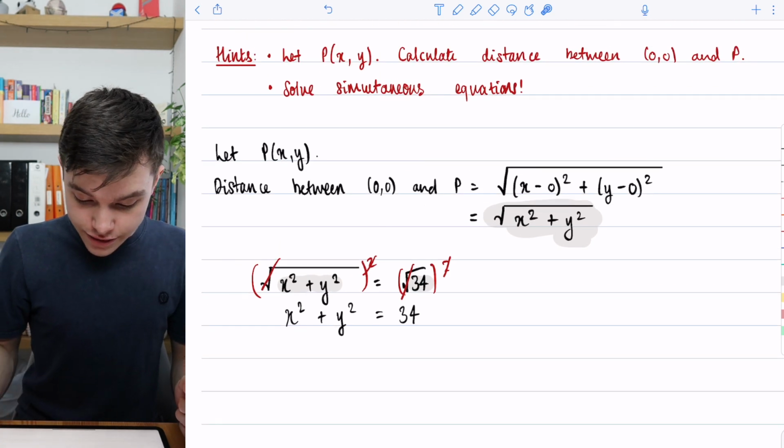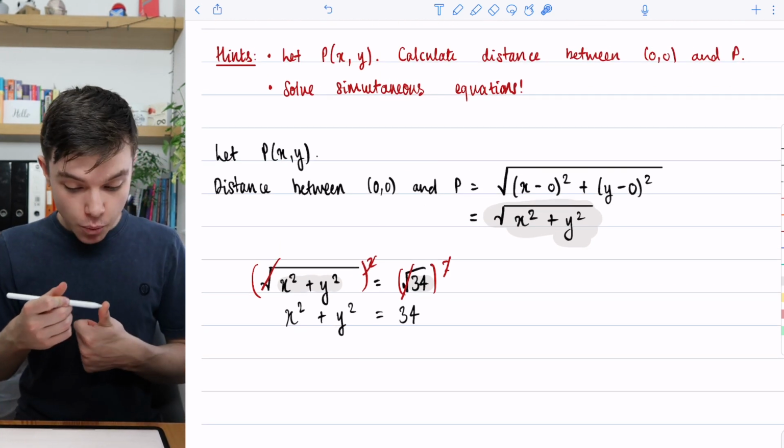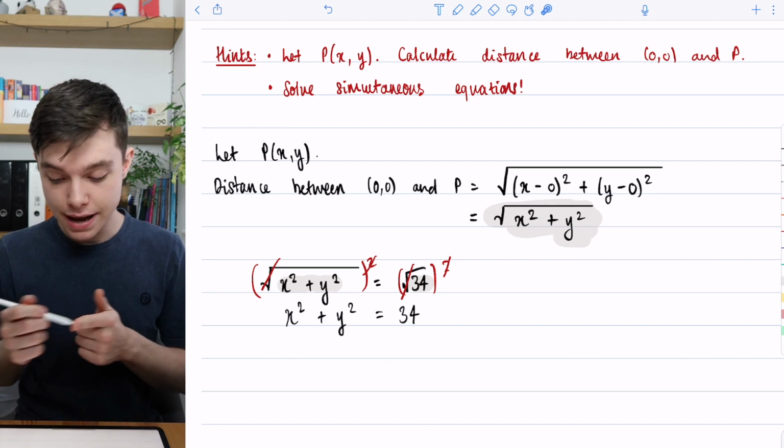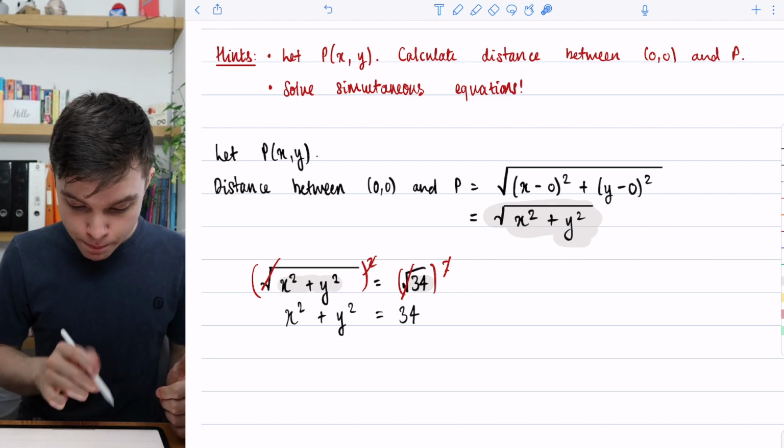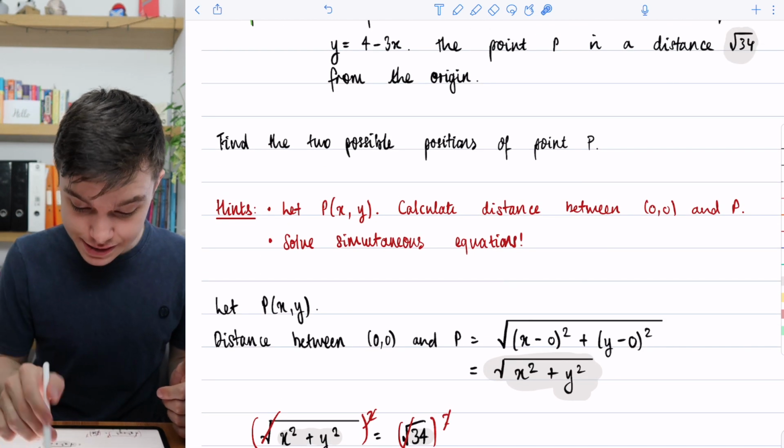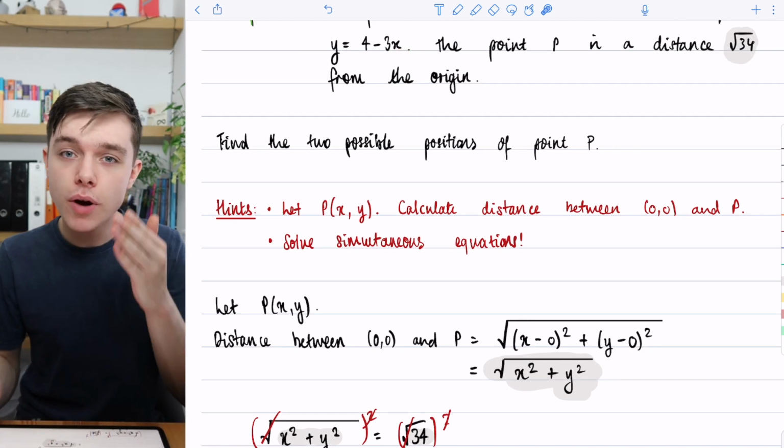Okay. So we've done that, we've let P be x, y, we've calculated the distance from P and the origin, and then we need to solve simultaneous equations. So basically, what we've got is a straight line, and we've also got a circle.